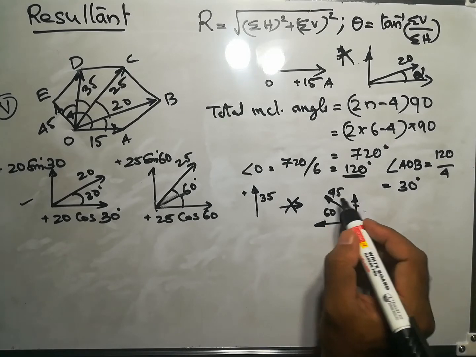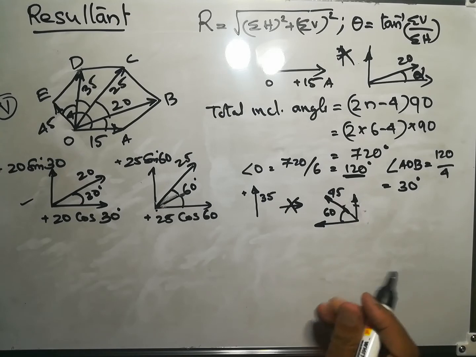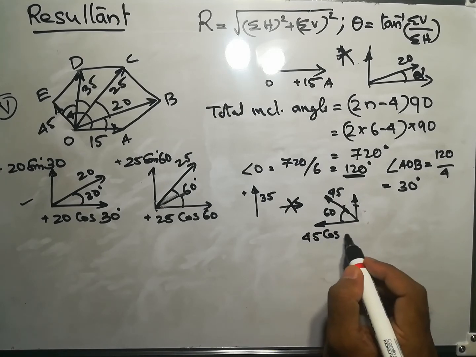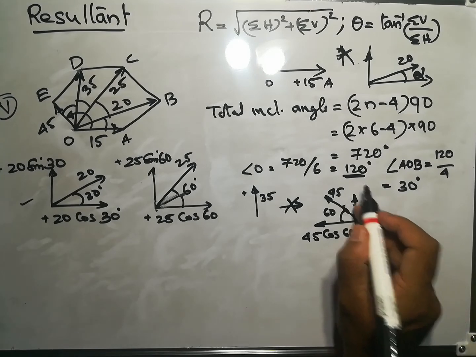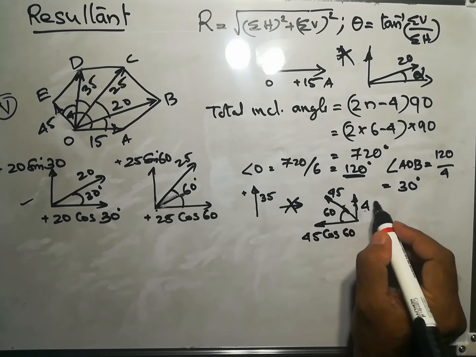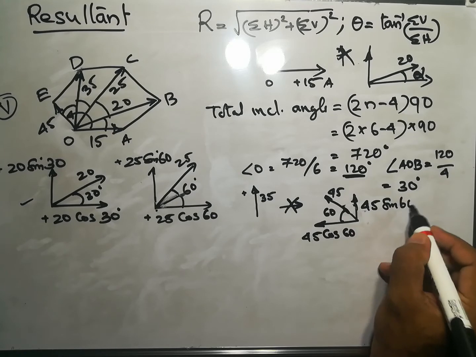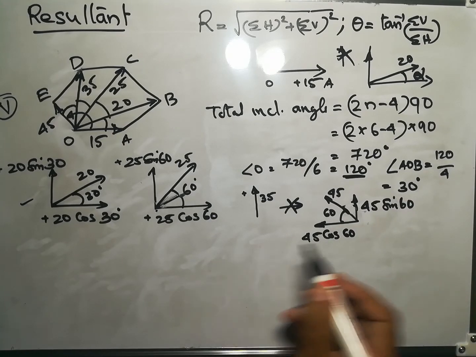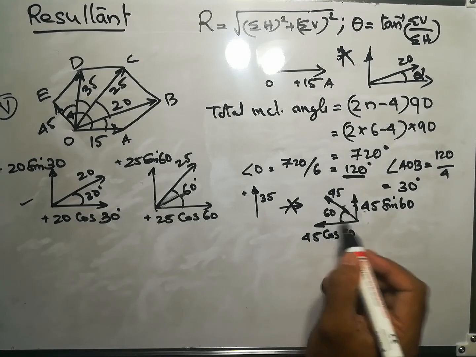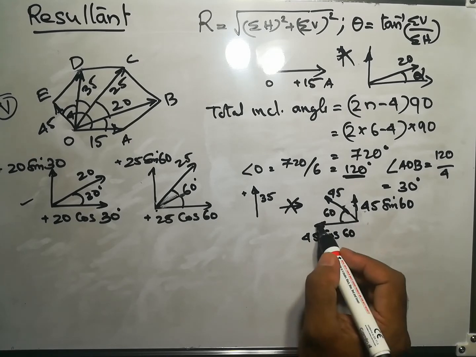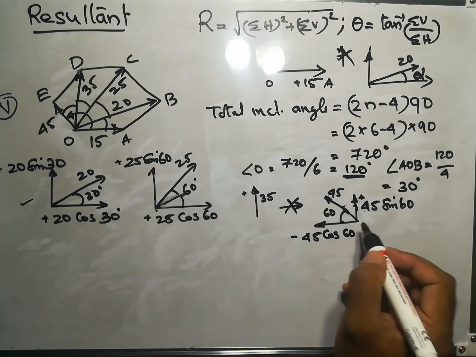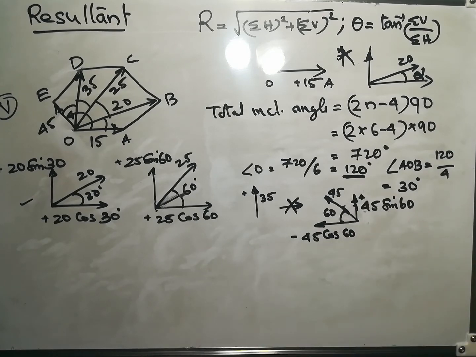For this 45 Newton force, the horizontal component will be 45 cos 60, and the vertical component will be 45 sin 60. As the horizontal component is acting from right to left, this must be minus. But the vertical component is positive, because it is acting in the upward direction.